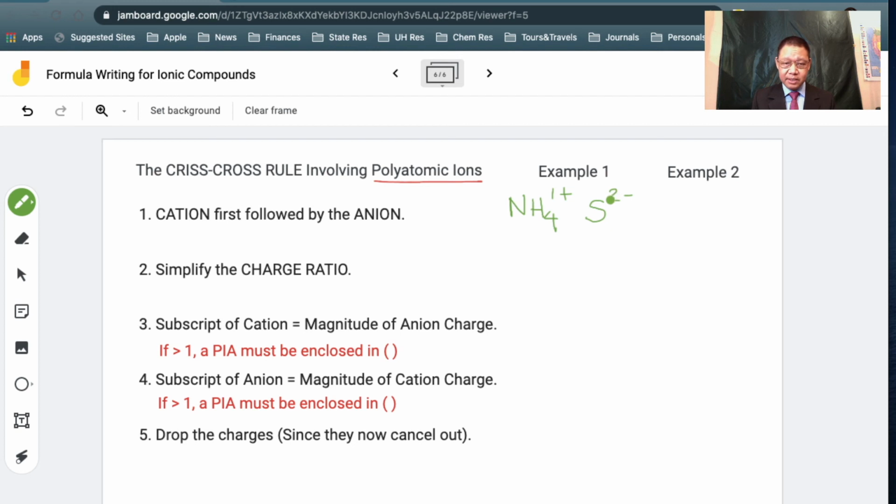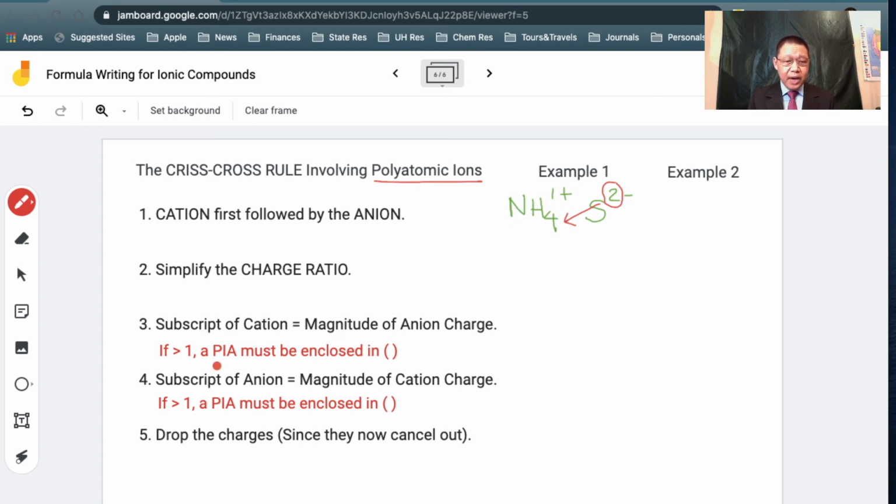That's already the simplest ratio. This is where you need to pay attention, because when you apply the Criss-Cross rule, the 2 here, which is the magnitude of the charge of the anion, will become the subscript of the cation, which is your ammonium, NH4. How do you do that then?